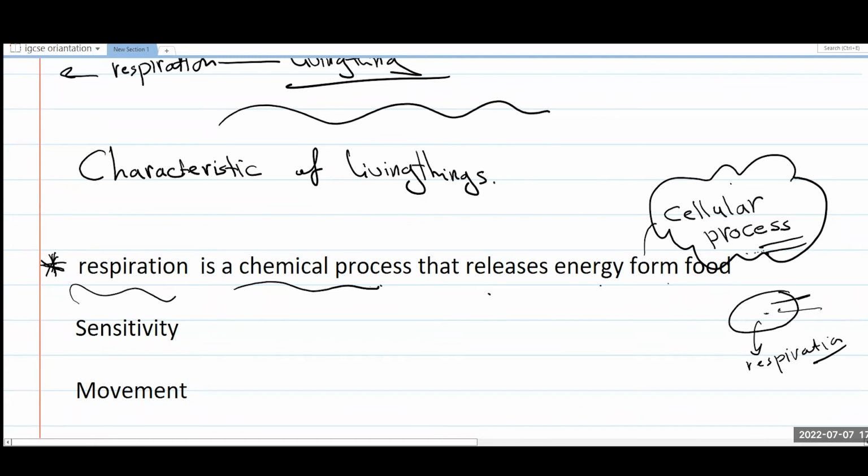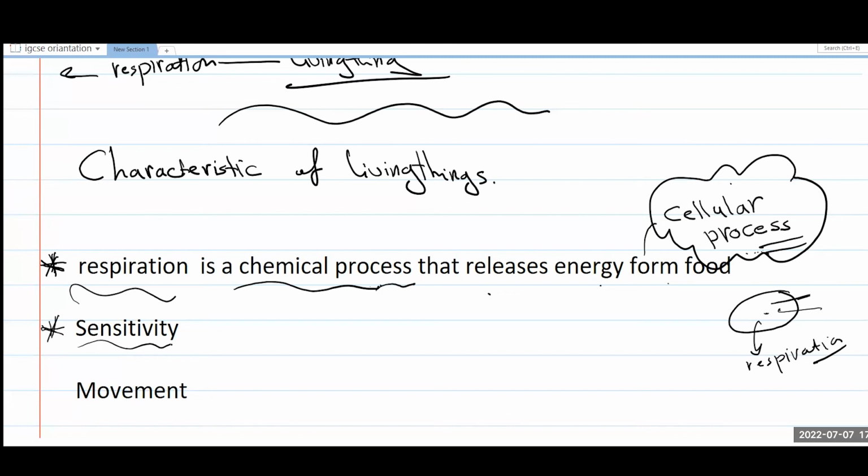Okay. What about the word sensitivity? To define the word sensitivity, this is a keyword by the way, it means two words, and you have to write them in your definition, right?